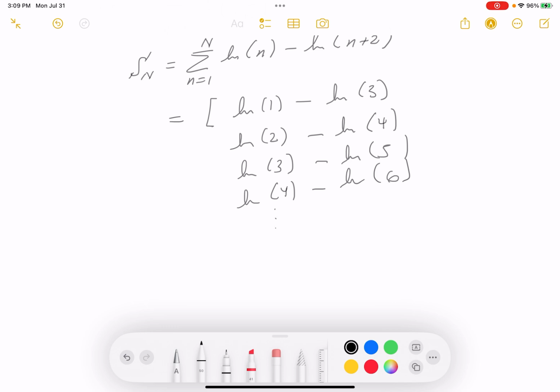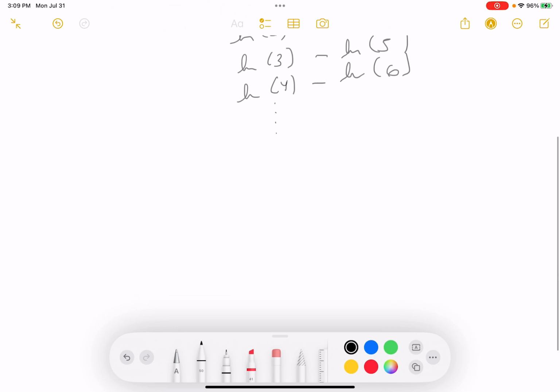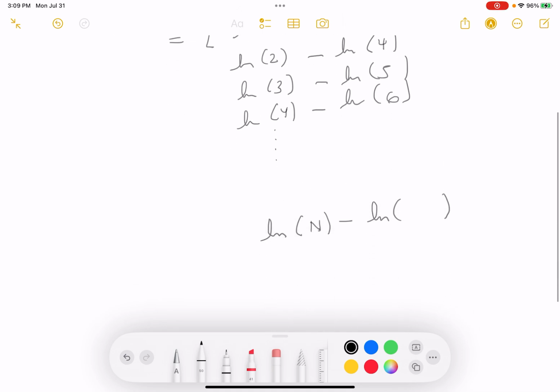Okay, boom, boom, boom, boom. It goes to the end, and the end is going to be the natural log of big N minus the natural log. Let me just remind you what you got over here. It's going to be big N plus 2. Doesn't look like an n plus 2, does it?